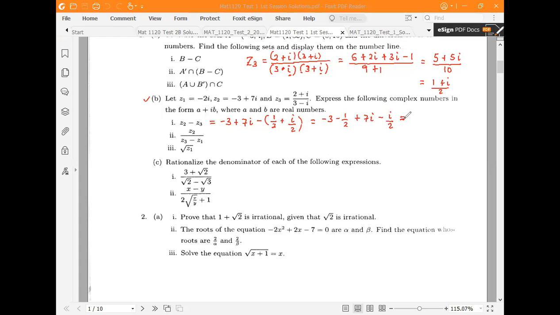So minus 3 minus half, that would be minus 7 over 2.